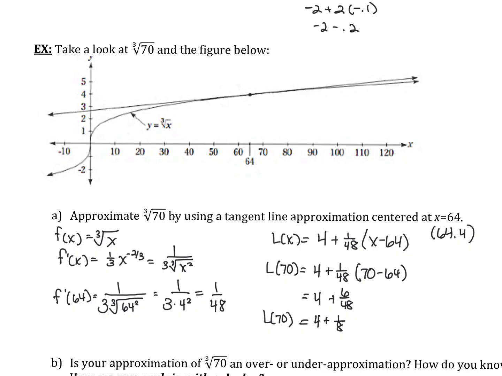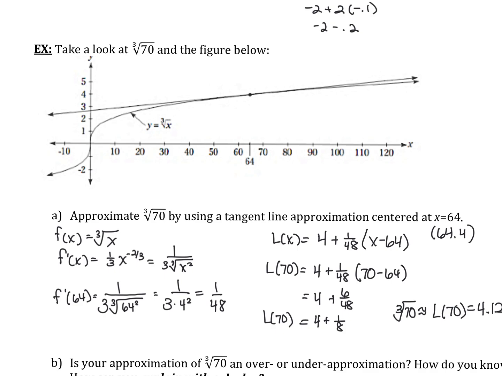I know 1/8 is 0.125. You may not know that. That's okay. So what we can say is that the function value, the cube root of 70, is approximately equal to the linear approximation at 70, which we got to be 4.125, or 4 1/8.